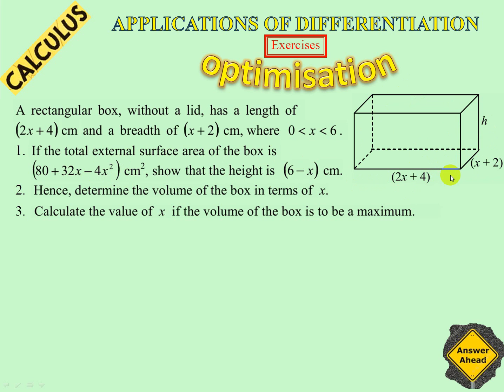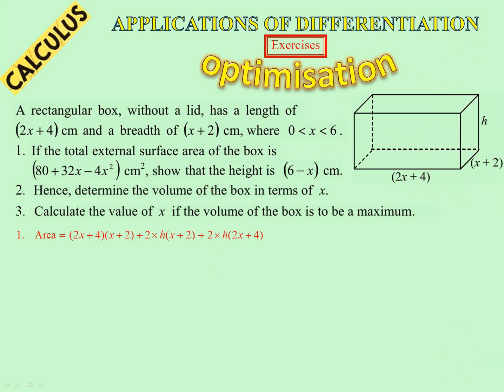So the surface area in terms of x and h: the base, 2x plus 4 times x plus 2, plus the sides, so it's h times x plus 2, doubled. The front and back, well, it's h times 2x plus 4, doubled. And we're told it's equal to 80 plus 32x minus 4x squared, so there we are.